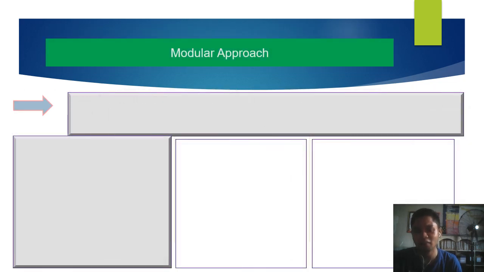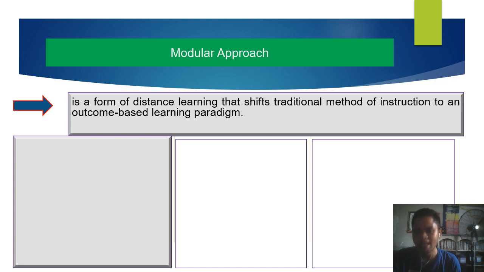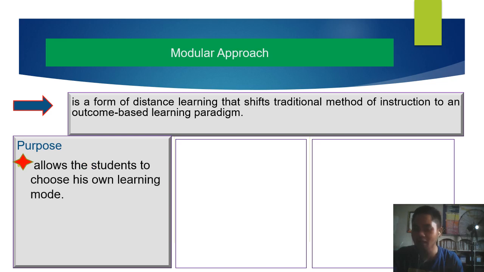Then next we have the modular approach. It's a form of distance learning that shifts the traditional method of instruction to an outcome-based learning paradigm. The purpose of the modular approach is, first, it allows the students to choose their own learning mode, which is true.